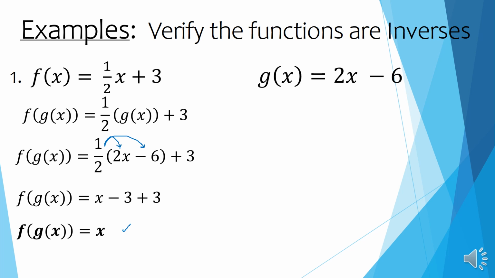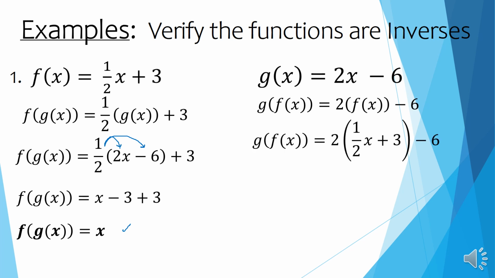All right, our next example. G of x is 2x minus 6. So now we want to evaluate and do the composition g of f of x. So that's going to be 2 multiplied by f of x minus 6. That will give us 2 multiplied by the quantity of 1/2 x plus 3, that's the other function, minus 6.